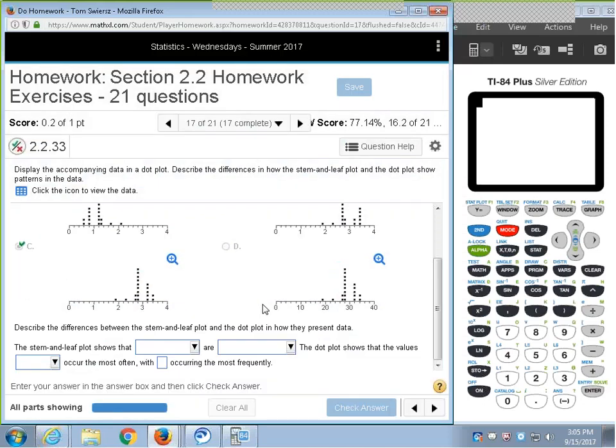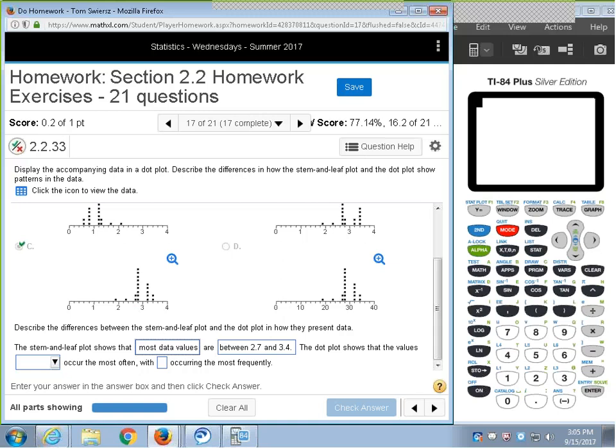Yeah, okay, good. And now the stem and leaf shows that most are between 2.7 and 3.4, right? Not all of them, most of them, because there's a 1.9 and a 2.3, but there's only 2 of them, right?